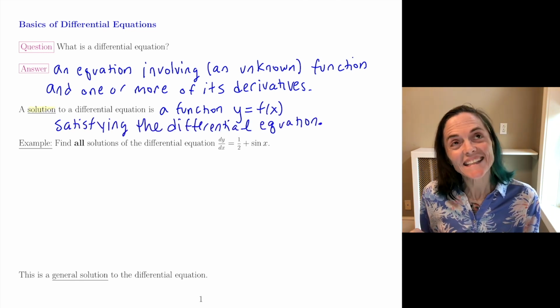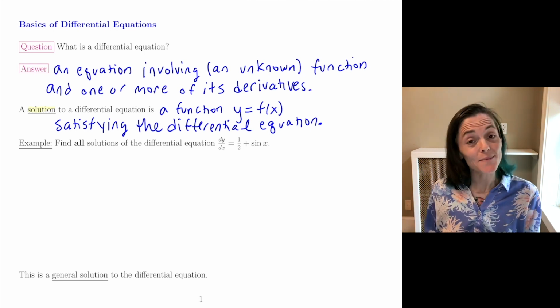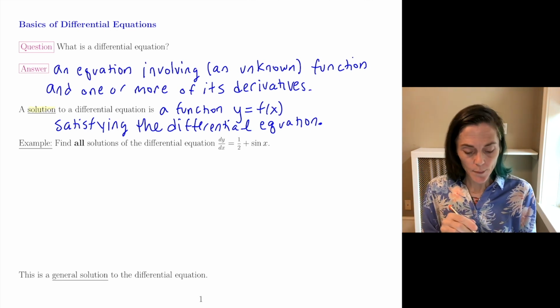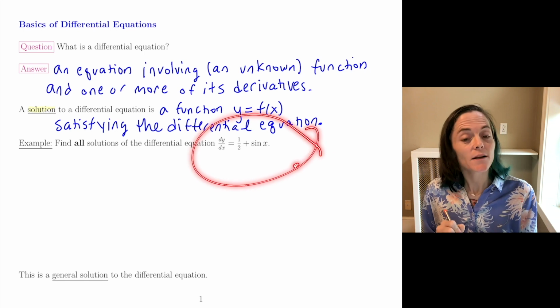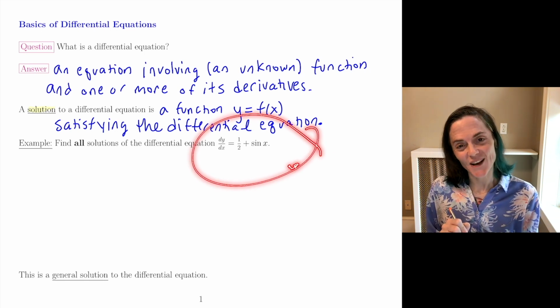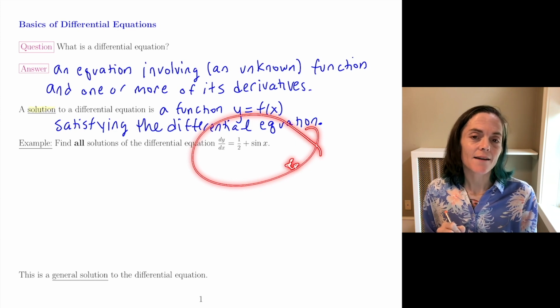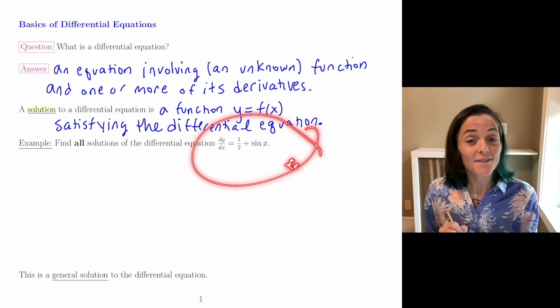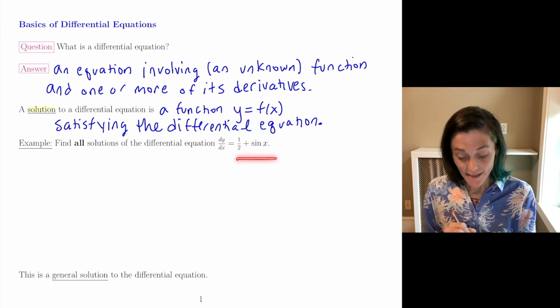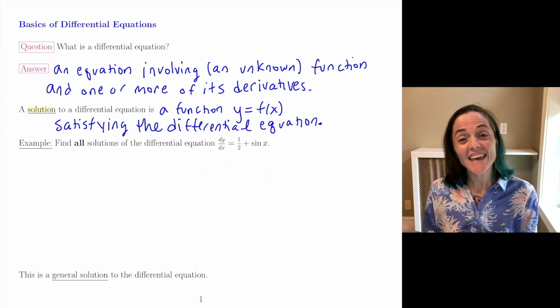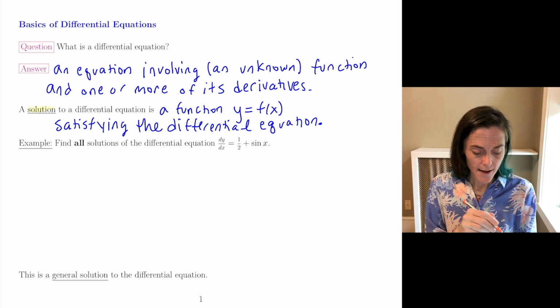Now, the good news is we know how to solve some differential equations already. In particular, say we want to find all solutions to this differential equation: dy/dx is 1/2 plus the sine of x. The rate of change of y with respect to x is given. Well, we can integrate here.